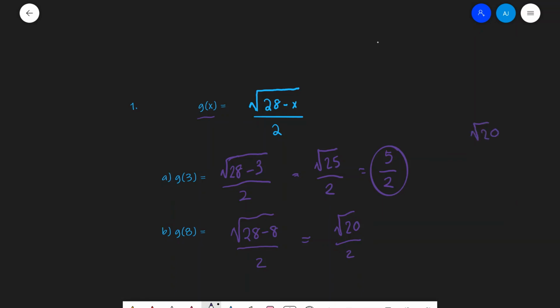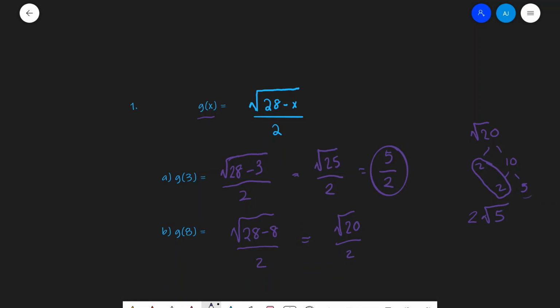Then it would be 2, 10, to 5. We're just basically breaking down 20 into factors that we can group together in order to make this radical a bit simpler. So as you can see, these two 2's are grouped together because it's a square root. You can group it into 2's. So it would be 2 root 5. And 5 is just the remainder. It didn't have a group.